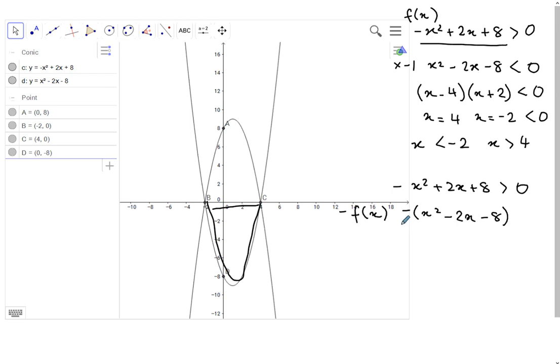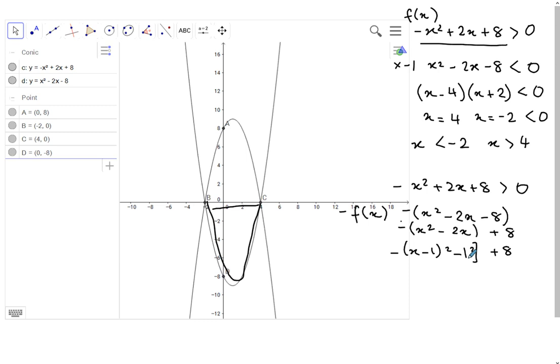And I'm just going to take some practice to do the completing the square. So what I do is I go, so it'll be minus x squared minus 2x, and then the minus and minus makes it just plus 8. I always leave that 8 on the side while I complete the square. So I've got minus x minus 1 squared minus 1 squared plus 8.